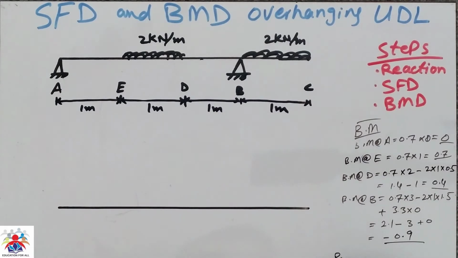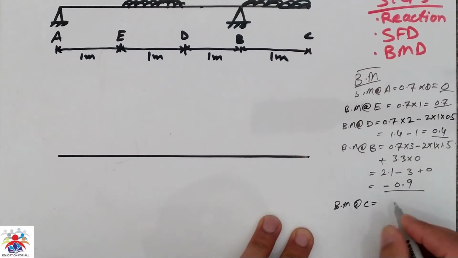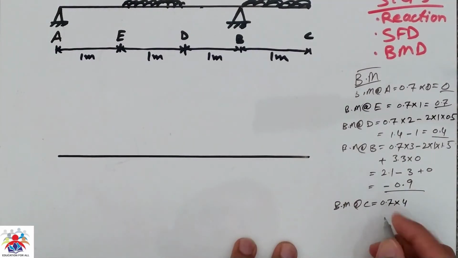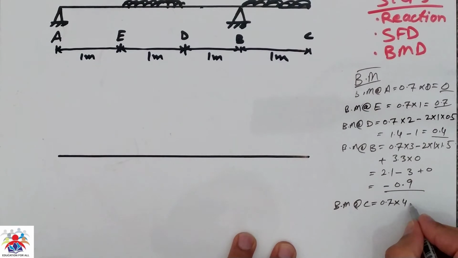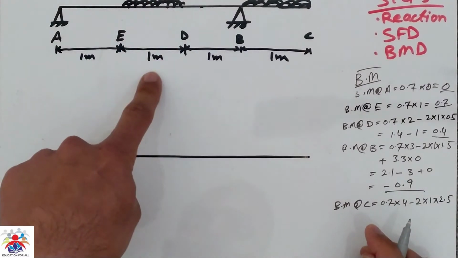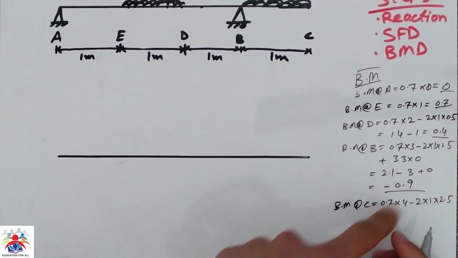Okay, now bending moment at point C, which is the final point: 0.7 multiplied by 4. From A to C is 4 meters, so that's why it's 4, minus 2 multiplied by 1 multiplied by 2.5. To get to point C, we have 2 meter and half, 2.5.